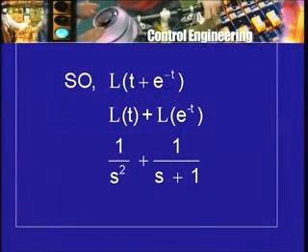So let us use this for calculating the Laplace transform of the function t plus e raised to minus t. The Laplace transform of t is given by 1 divided by s squared for certain complex numbers s.